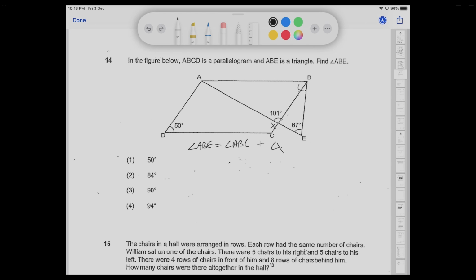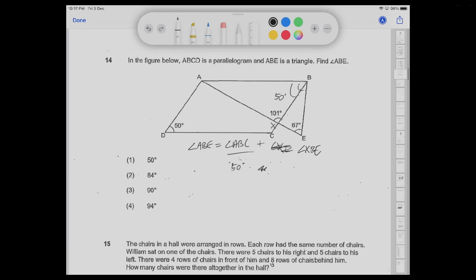So we have angle ABC and angle XBE. These are the 2 angles that make it up. So what is ABC? That's the angle property of angles in a parallelogram. Simply 50 degrees, which is the same as ADC. So we know that this is 50 degrees.